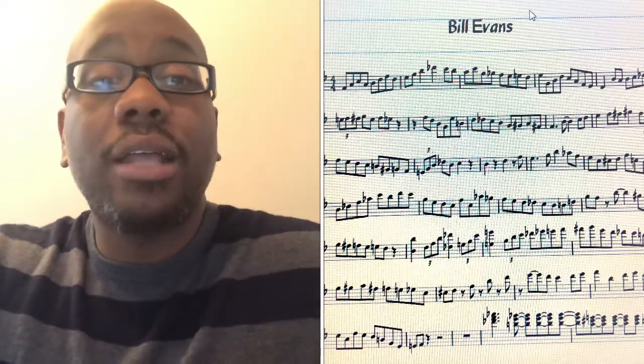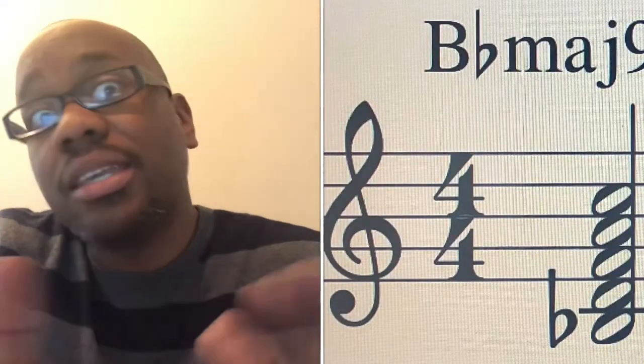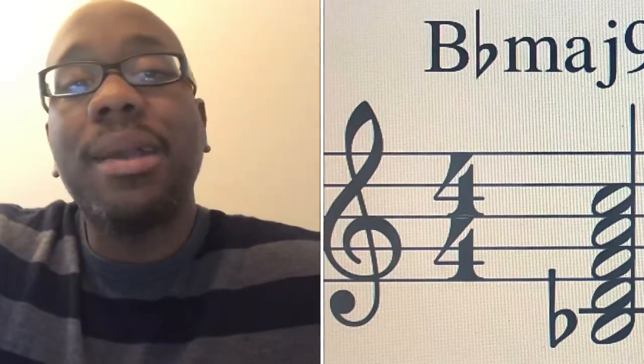If we spell that B flat chord, it's B flat, D, F, A. That's a B flat major 7. And look at this, we have F, A, C. It's right out of the B flat chord, if that C is the 9th. If you spell a B flat chord all the way out, B flat, D, F, A, and C, he's using the F, A, and C of that chord. So that makes a lot of sense.